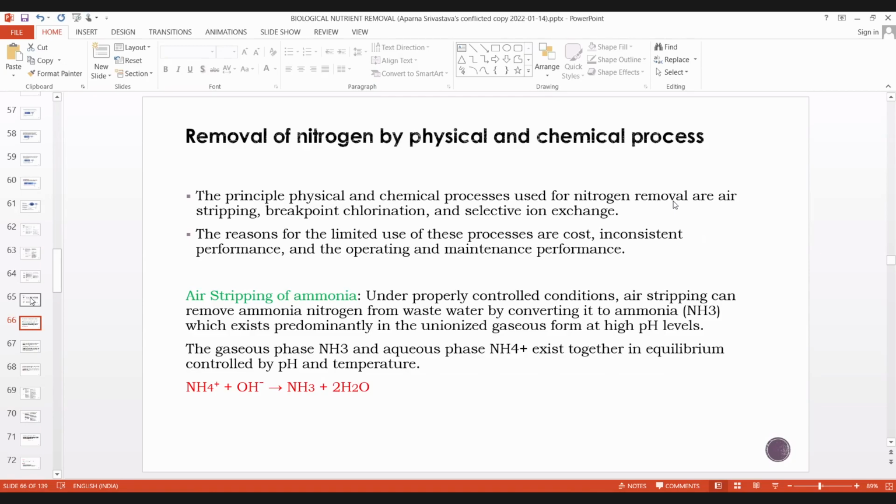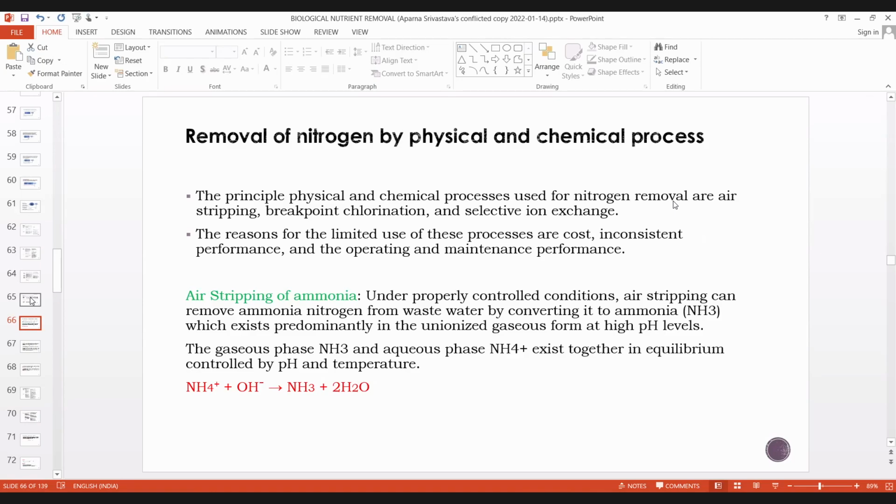In physical chemical processes, sometimes some broad structure is required, and sometimes we need chemicals. And chemical is one of the complicated things. It requires a huge investment. And that's why it is quite a costly process, and most of the time it is not preferable.